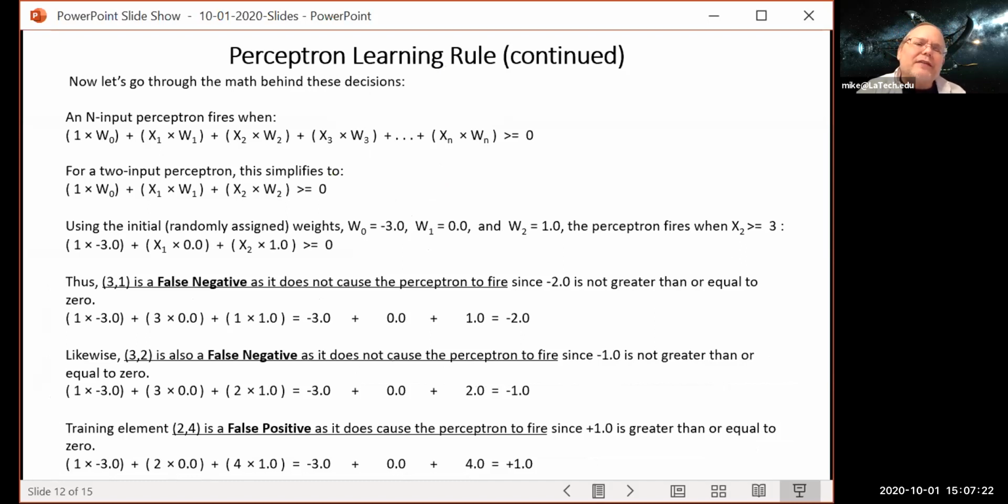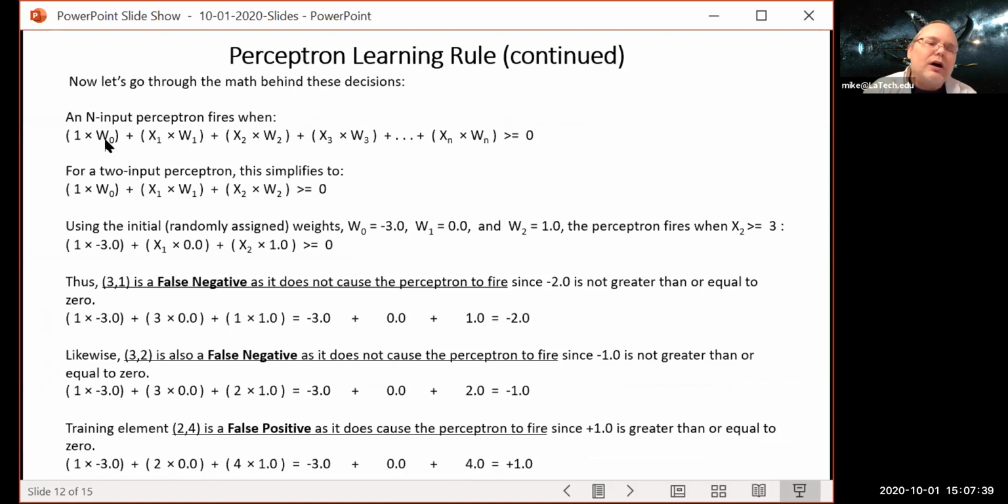So let's look at the math behind these decisions. Well, this is the general equation that we gave. It's just the dot product of x times w, but I've broken it out component-wise.